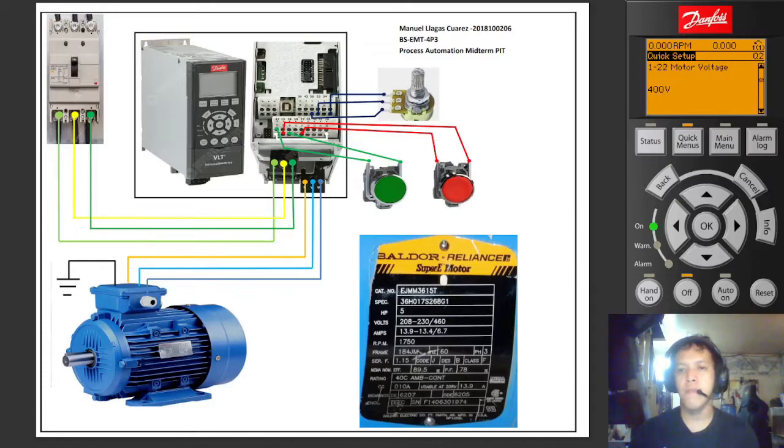Press down, and we're going to go to motor voltage. As we can see in the motor nameplate, we have 460 volts. So I'm going to input 460 volts, and press OK.